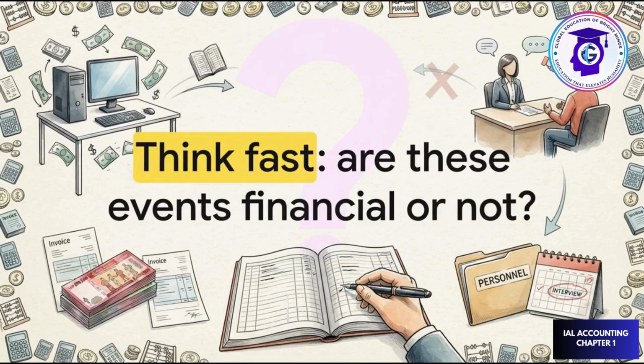Let's put this into practice immediately and see if you've got it. Think fast. Are these events financial or not? Number 1, you buy a brand new computer for LKR 2,000. Number 2, you sit down and interview a potential new employee. Which of these actually gets recorded in your accounting system?